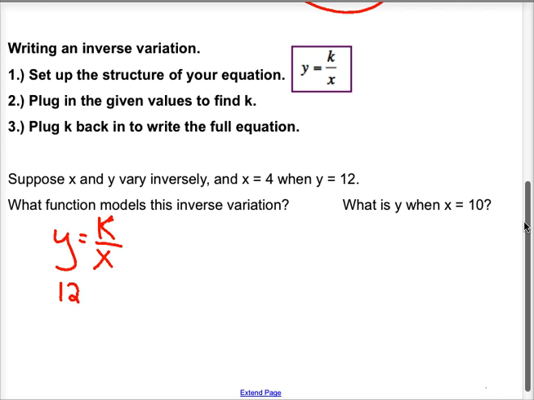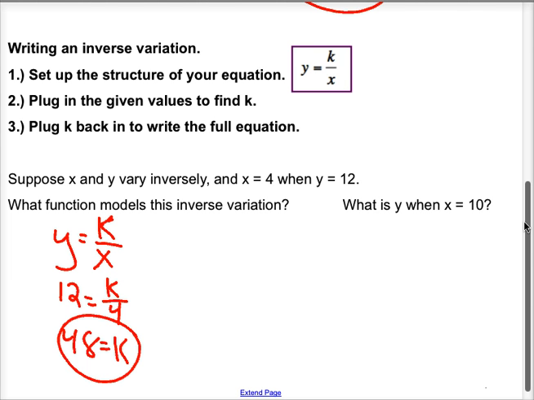I'm going to plug those in, so I can use that to find k. Now I can multiply both sides by 4, and I get that k is 48.